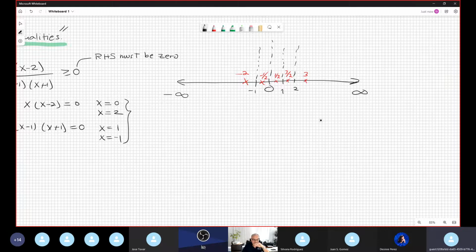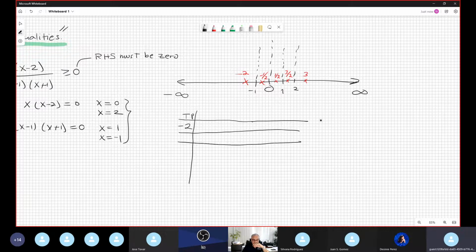You create the table or plug it in directly in the expression. It's up to you. Either way, keep the 5 points: negative 2, negative 1/2, positive 1/2, 3/2 and 3.